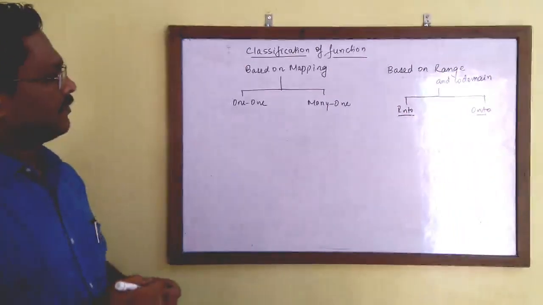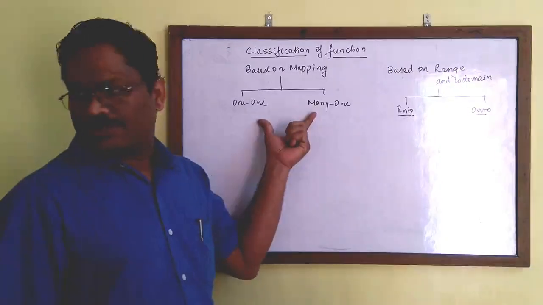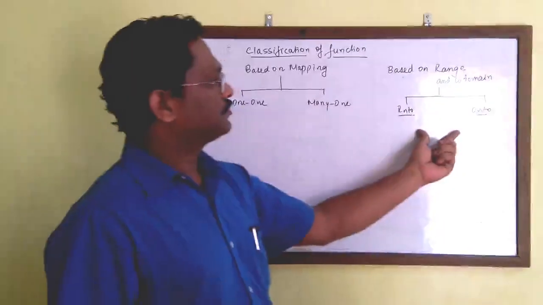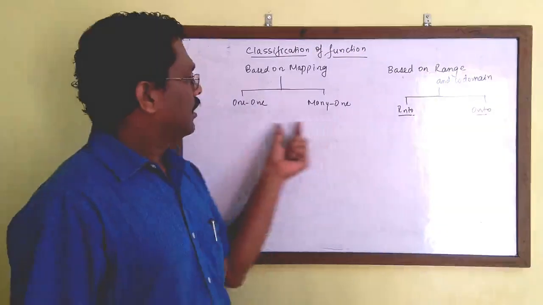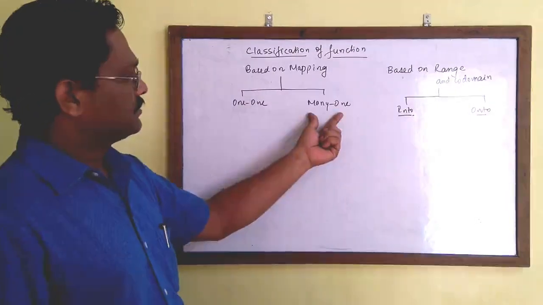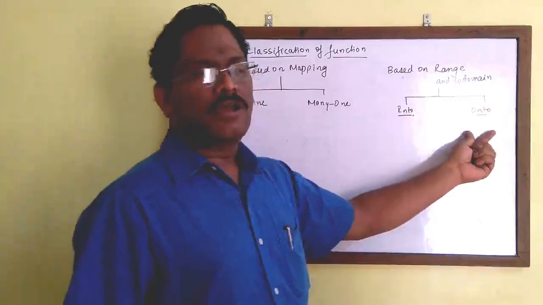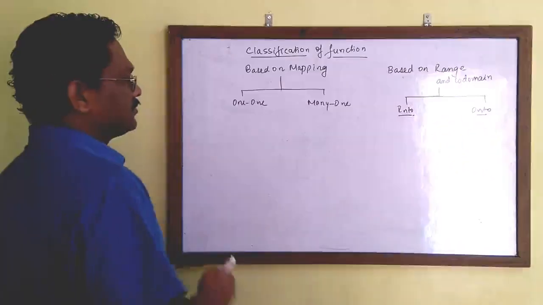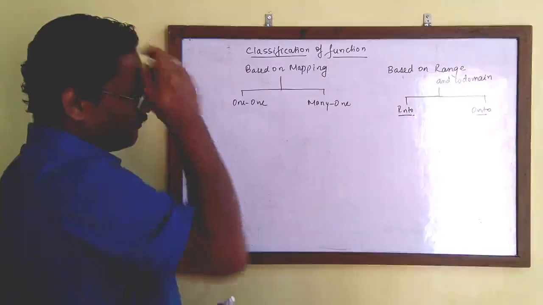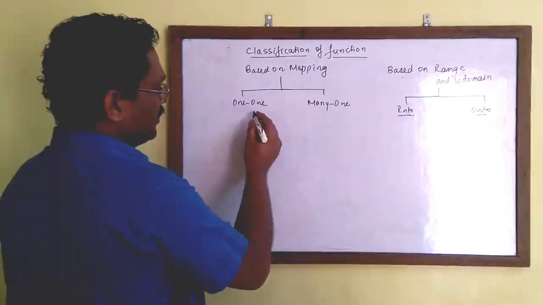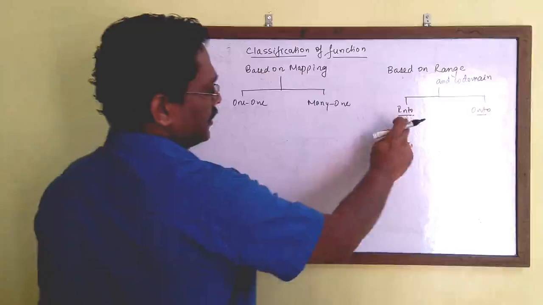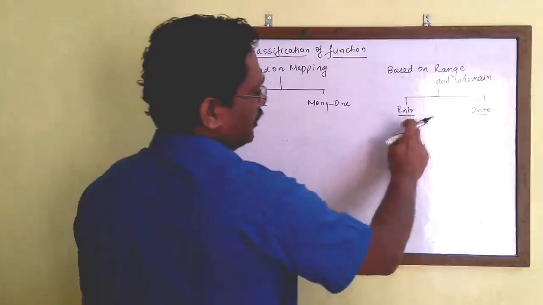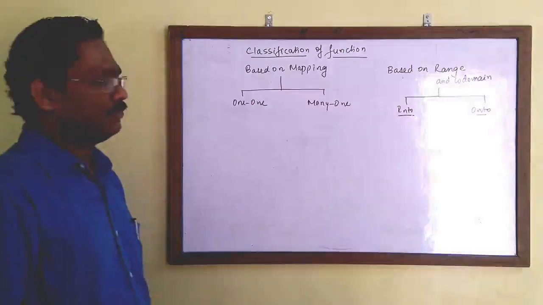So you have two classifications based on mapping and two classifications based on range and codomain. Now we will learn in detail about each one of them and how to identify them. On this basis, I can say that a one-one function can be into as well as onto. Similarly, a many-one function can be into as well as onto.